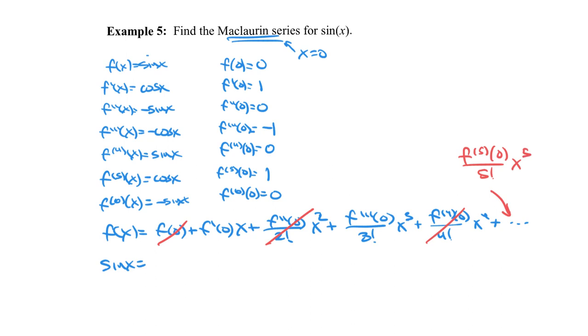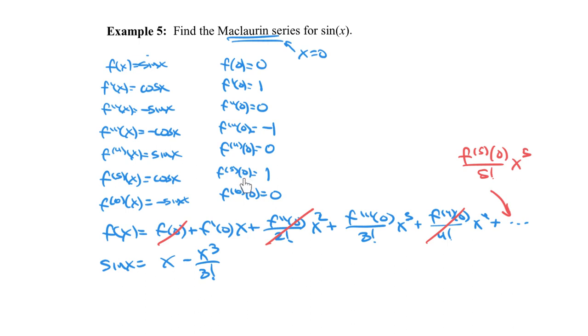So then sine of x is going to be equal to f prime of 0 is 1, so we're going to get 1x, right? It'll be 1x or just x. Then we've got triple prime is -1, so we get minus x cubed over 3 factorial.